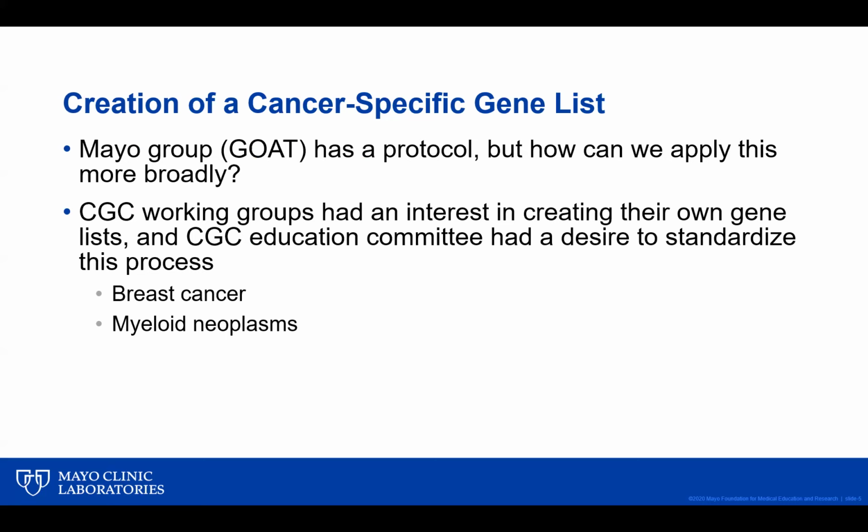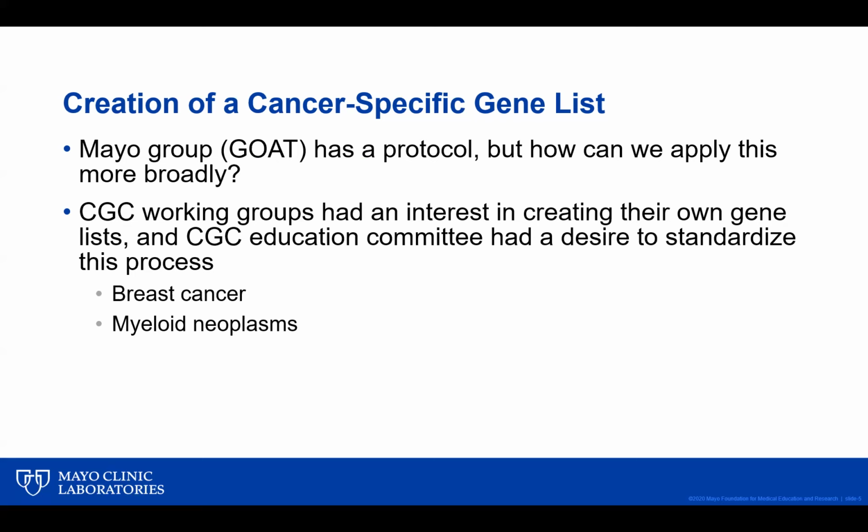We had shared a couple of our gene lists with the CGC as a supplement to their annual meeting back in 2017, I believe. We shared our B-cell ALL and our T-cell ALL lists with that group at that time.